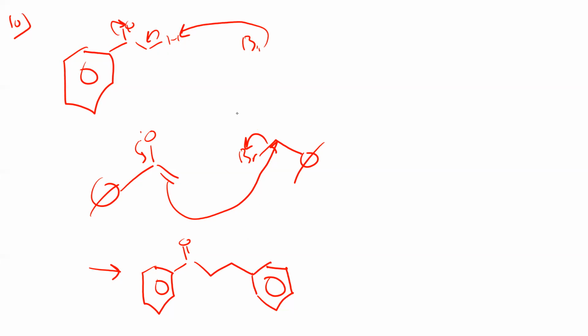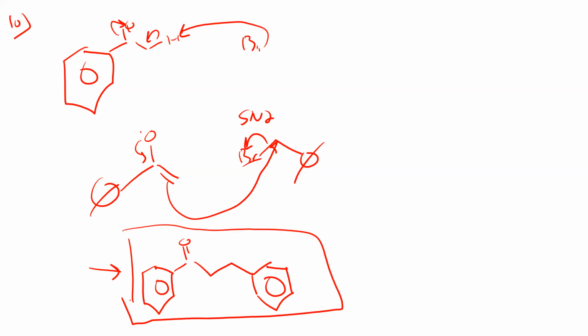So this is like an SN2 reaction. We have a good leaving group. It's a concerted reaction. And that's it. You just draw this. So let's go to 11.